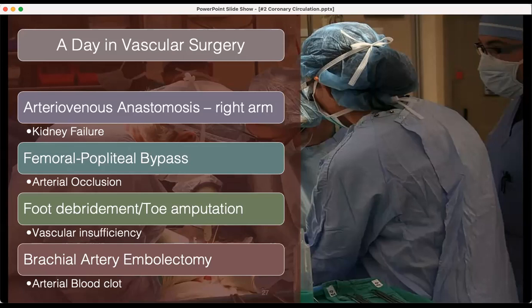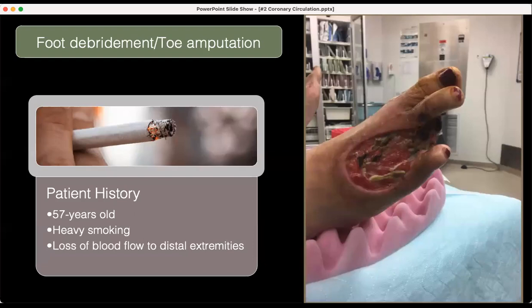The other is a femoral popliteal bypass for arterial occlusion. So this is a person that has plaque in the femoral artery, and we need to create a bypass around that obstruction. Then another case was a foot debridement, toe amputation, vascular insufficiency, and the last, a brachial artery embolectomy, a blood clot that got stuck in the brachial artery of the right arm.